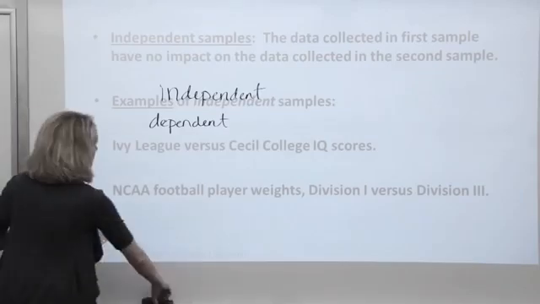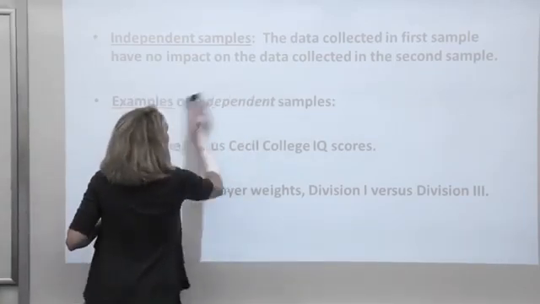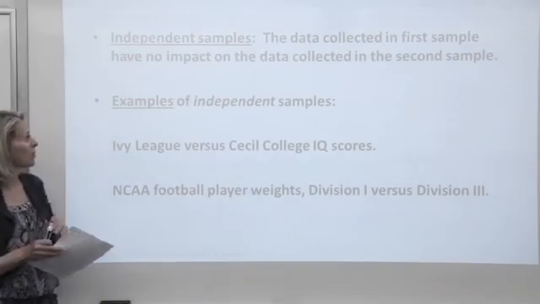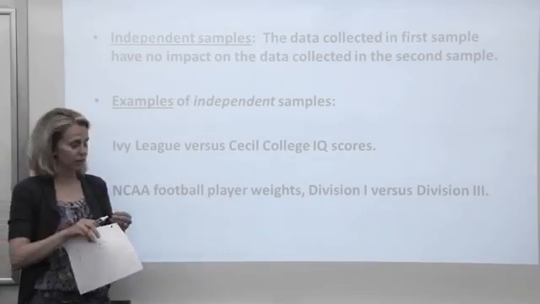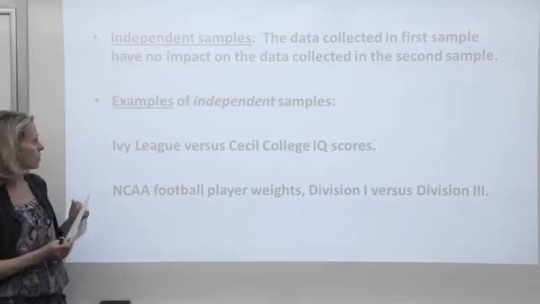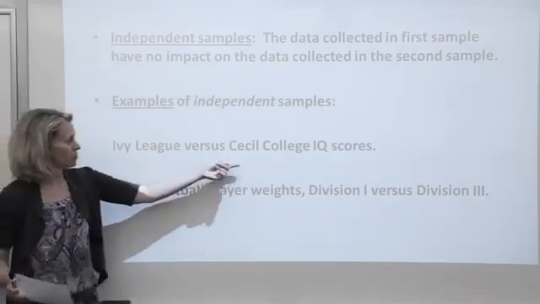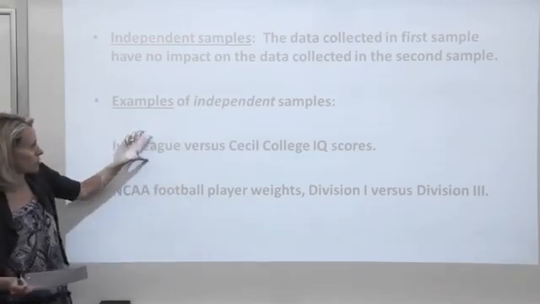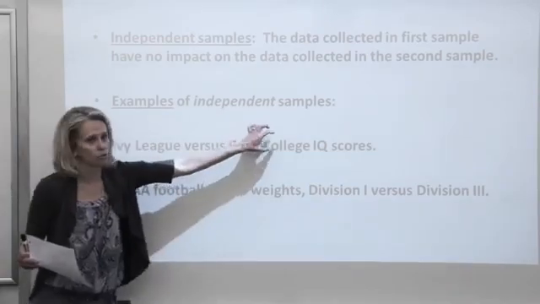So independent samples, let's talk about the difference. With independent samples, the data collected in the first sample have no impact on the data collected in the second sample. Examples of independent samples: if we looked at Ivy League students versus Cecil College students and compared IQ scores, this group of students has nothing to do with this group of students.